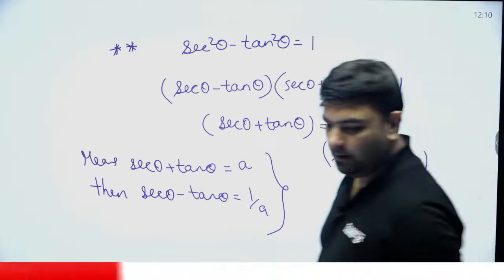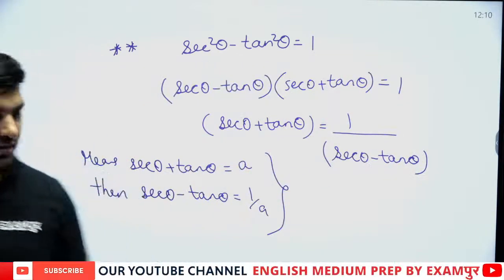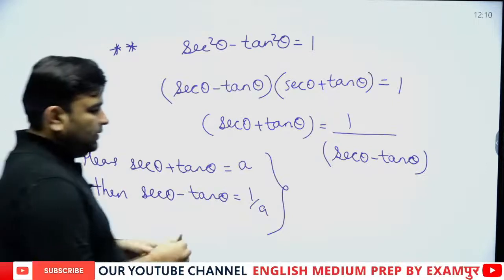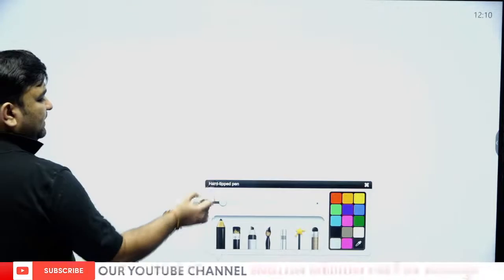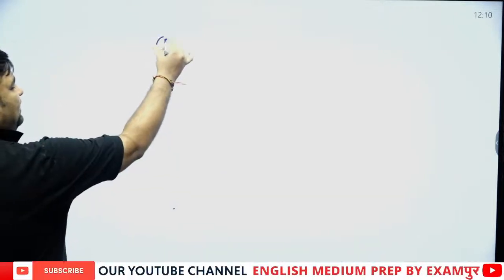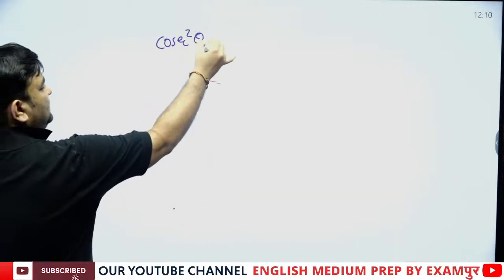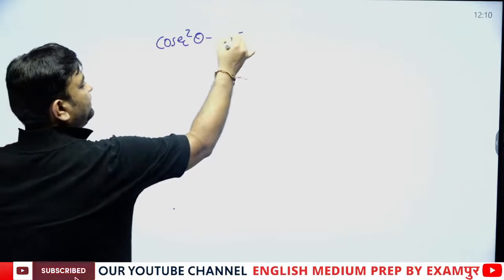Okay. Now comes one more, that is the third identity. Cosec square theta minus cot square theta is equal to 1.